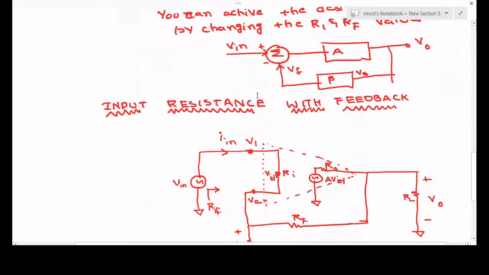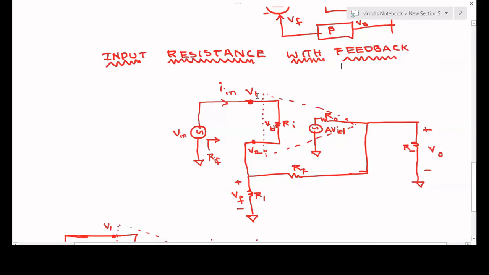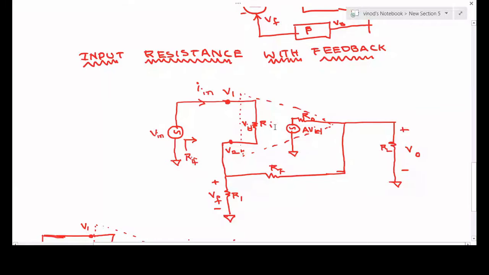So this is it. We have replaced the op amp, inside the dashes, with its practical equivalent circuit.